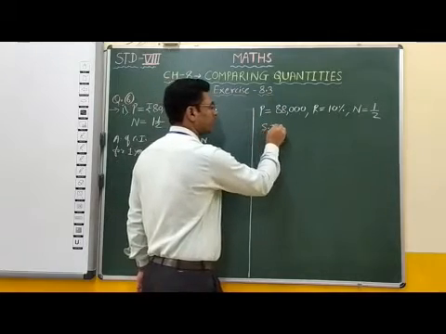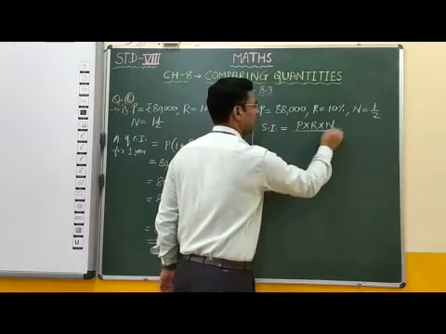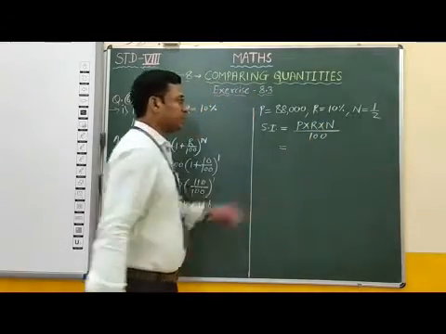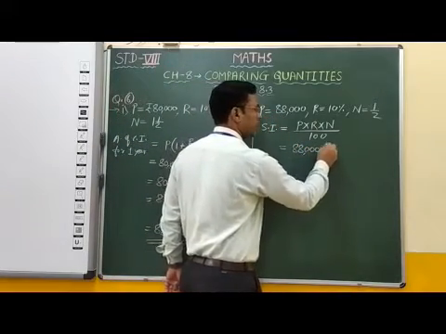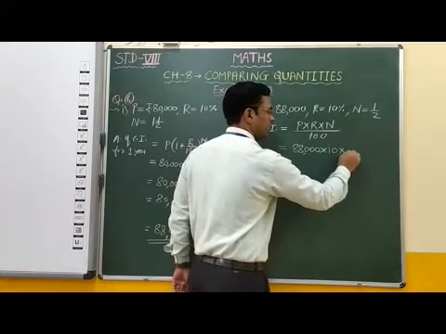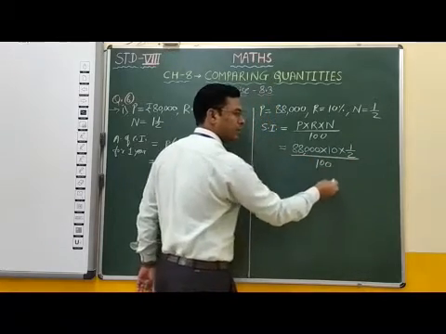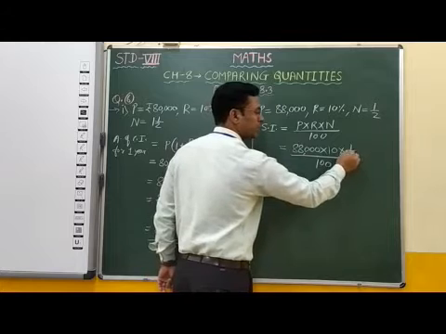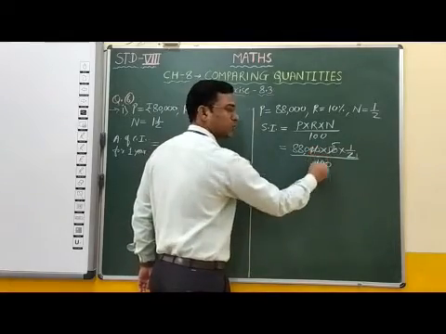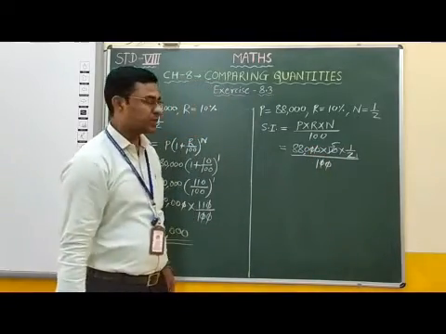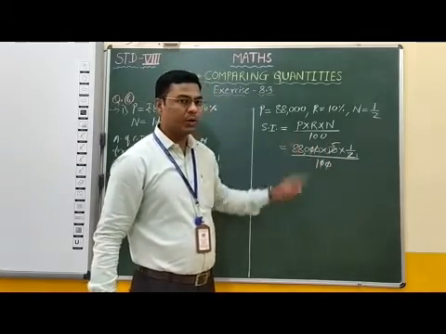Now, the simple interest formula is P into R into n divided by 100. Now, the principal amount is 88,000 into 10, that is R, into n, that is half, divided by 100. Here both are divisible by 2. 2 1s are 2, 2 5s are 10. Now these 2 zeros cancel.